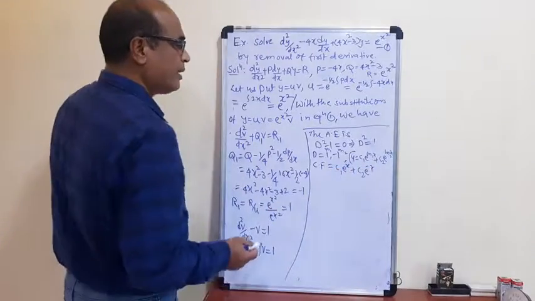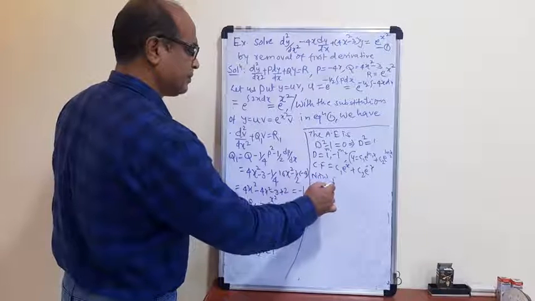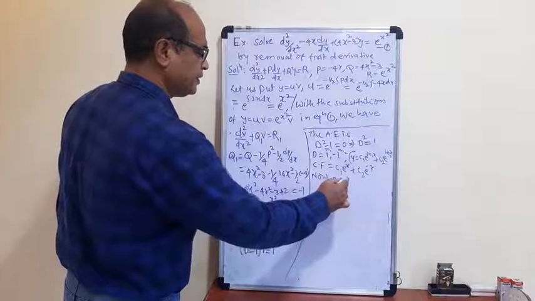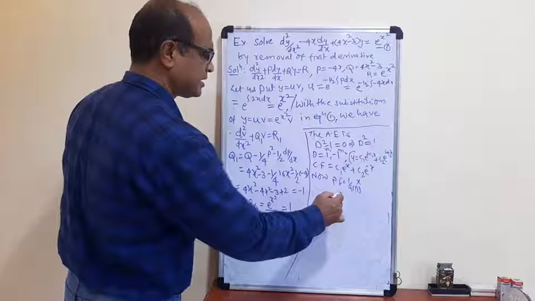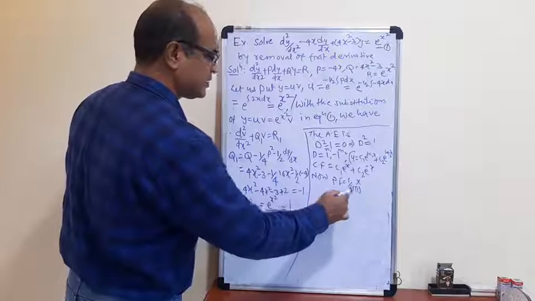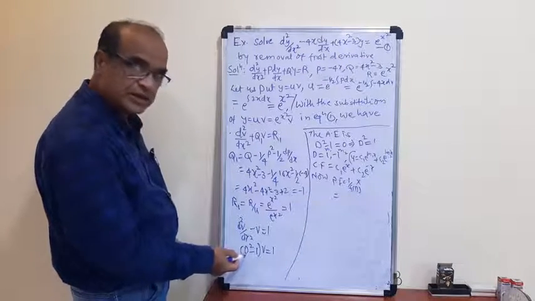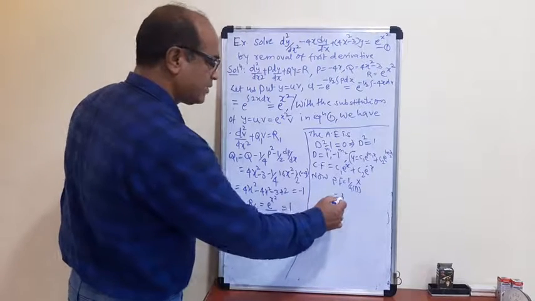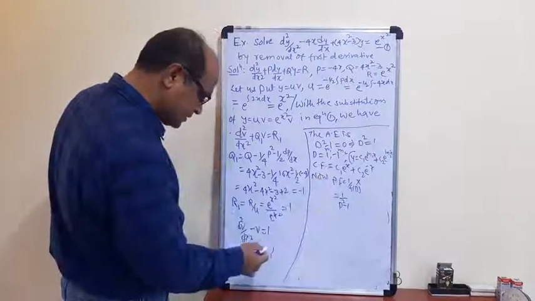But now, what is the particular integral? PI is equal to 1 upon f of D times x. What is 1 upon f of D? It is 1 upon D square minus 1. And what is x?